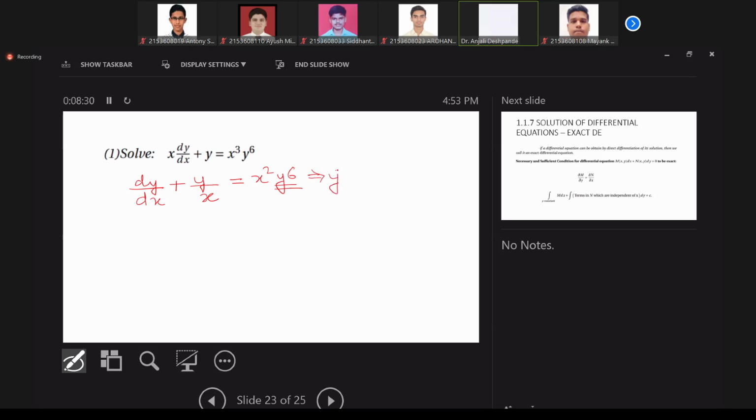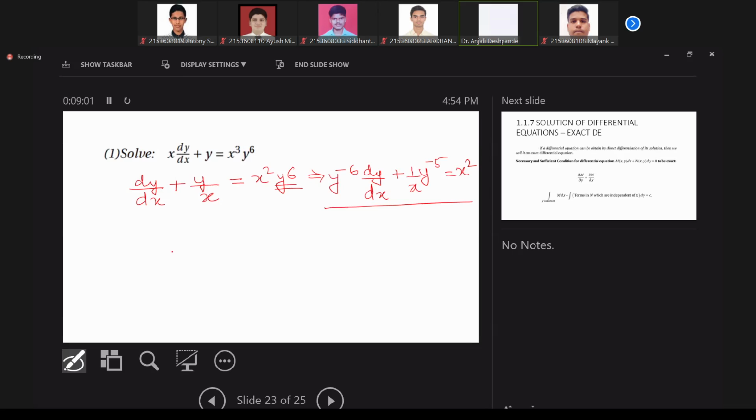Just see. y raised to minus 6 dy by dx plus 1 by x y raised to minus 5 is equal to x square. Getting it? Now after we do this division, we have to make a substitution. So who will tell me what to substitute? Same as what we did in the theory. So what substitution should I make?